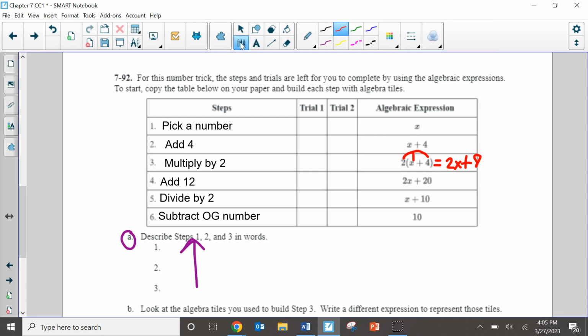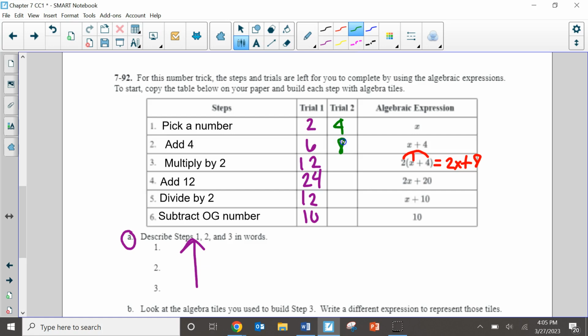Okay, so I'm going to choose 2 first. Add 4 is 6. Multiply by 2 is 12. Add 12 is 24. Divide by 2 is 12, and subtract my original number, which was 2, and I got 10. Let's go ahead and try 4.